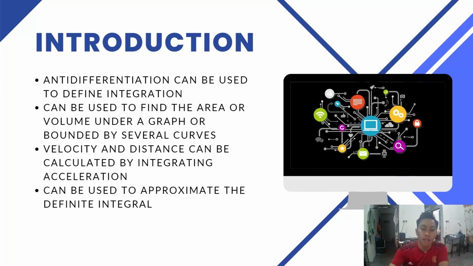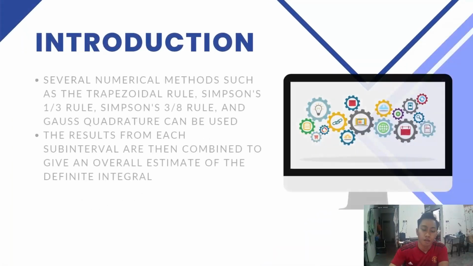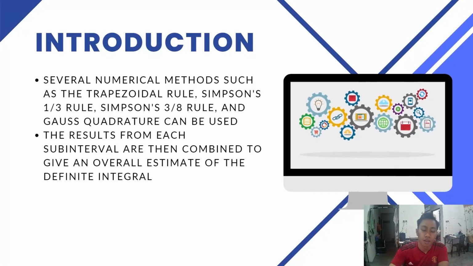The velocity and the distance of an object can be calculated by integrating its acceleration over time. Integration can also be used to approximate the definite integral. This is done by using techniques such as the trapezoidal rule and Simpson's rule.